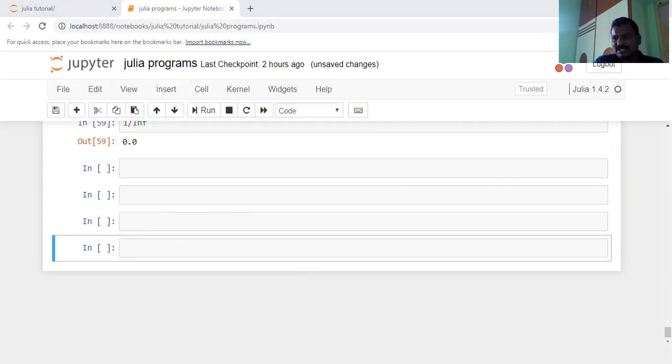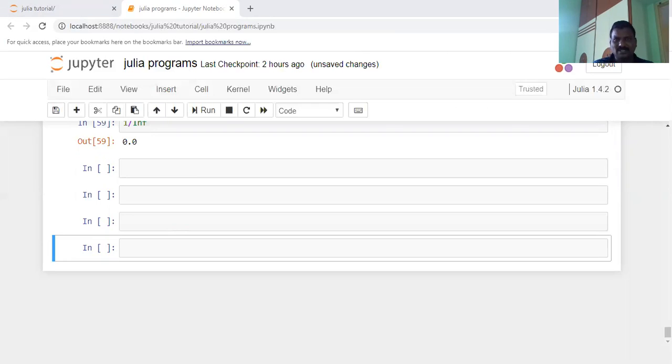Why is it considered as 0? There are three special standard floating point values that do not correspond to any point on the real number line. For example, Inf is not any real number; it indicates infinity, such as 1 by 0.